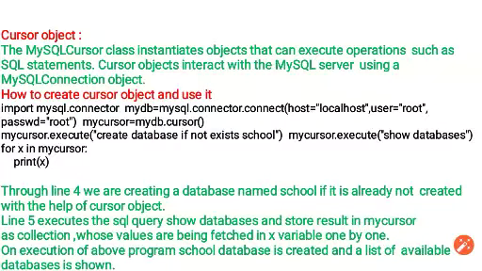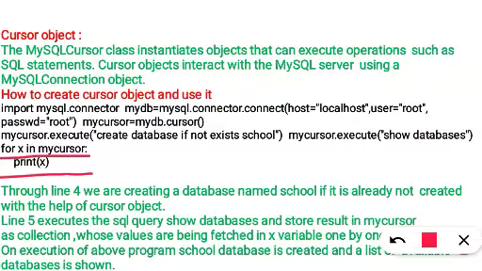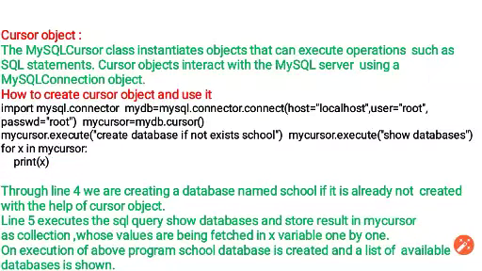And then for x in mycursor, print x. This for loop is used to print the results. So with this we will be creating a database with the name school, if it was not created earlier.